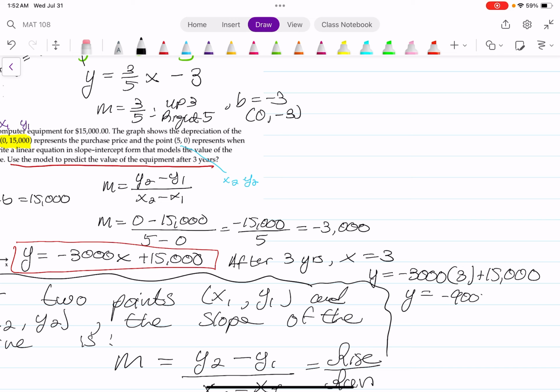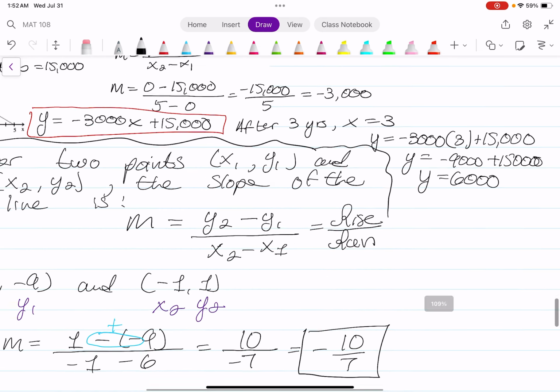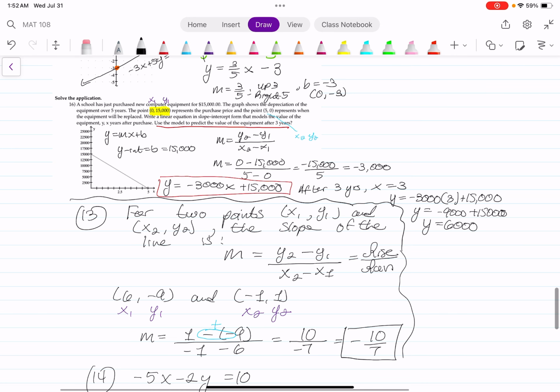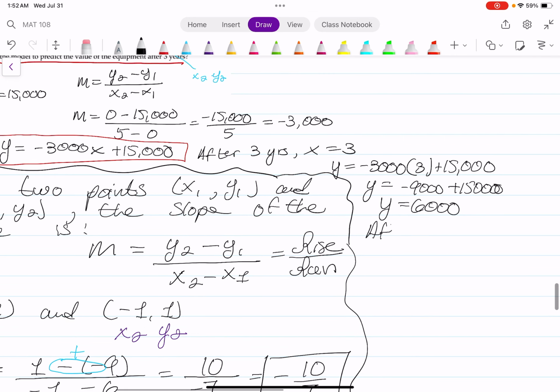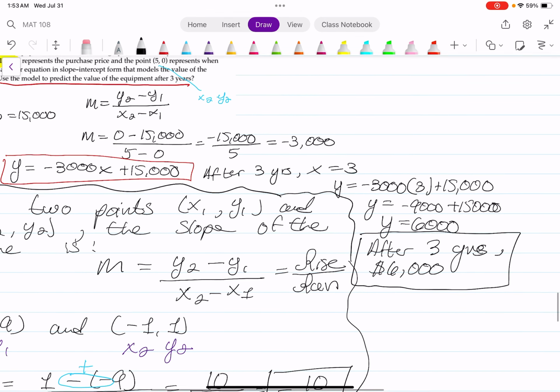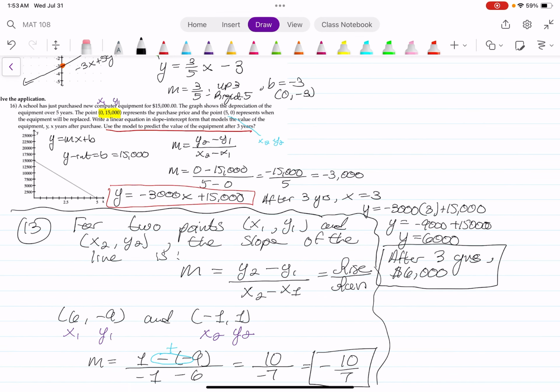Negative 9,000 plus 15,000 equals 6,000. So after 3 years, the equipment is going to cost $6,000. After 3 years, it will be at $6,000. That's how much the equipment will cost, because once again, it's depreciating. And that is the answer for 16, part 2.